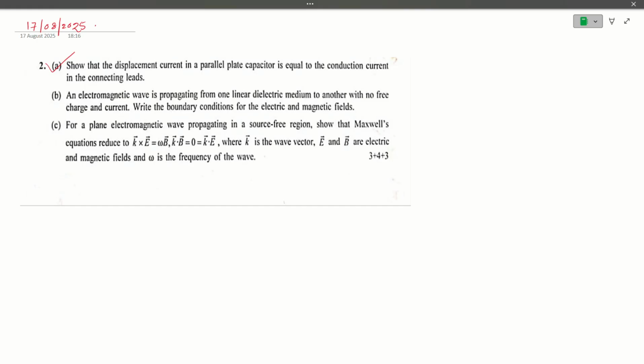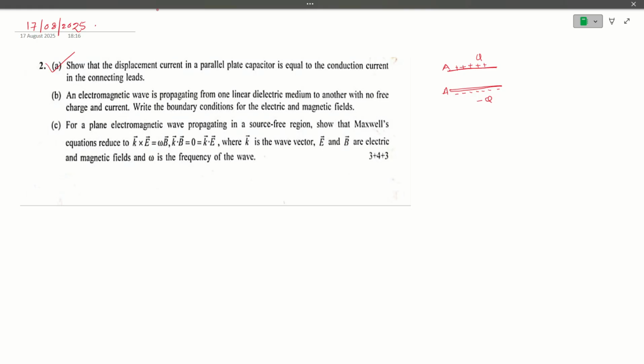Okay, so for a parallel plate capacitor, if we take a parallel plate capacitor having area A, on this plate plus q charge is accumulated and minus q charge is accumulated here.